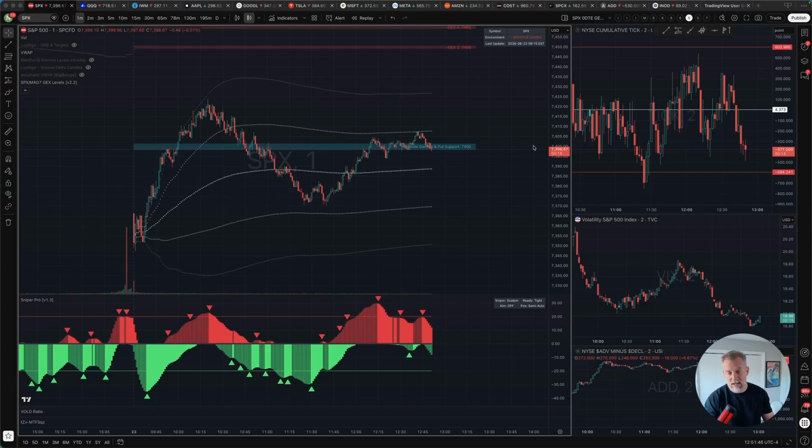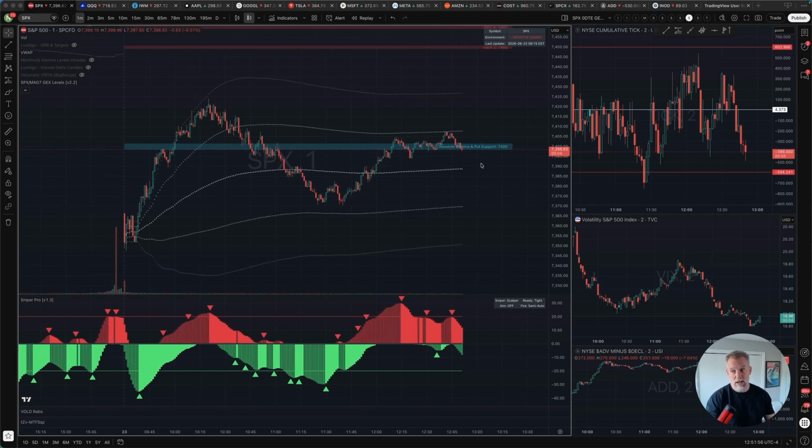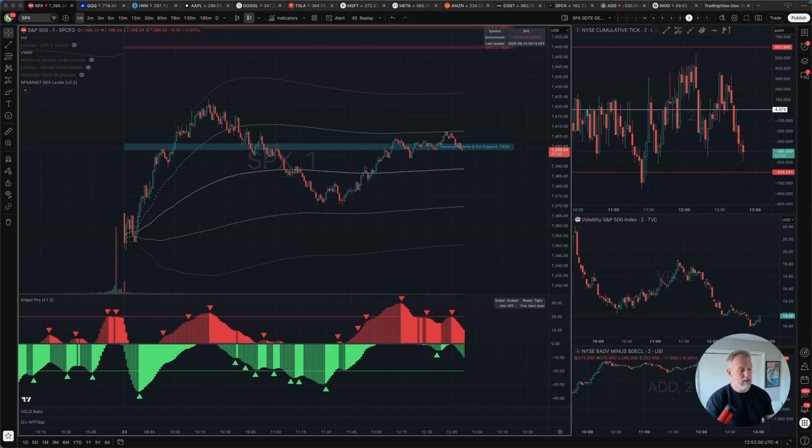But it has a high reward to very low risk. So it's not a high win rate trade, but when it does work, it's a good one.